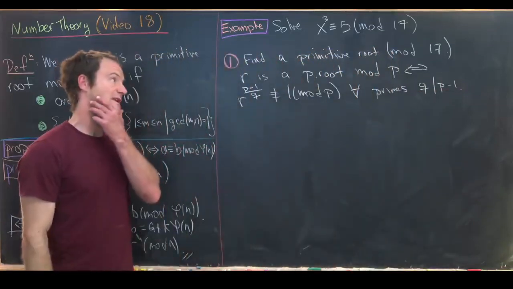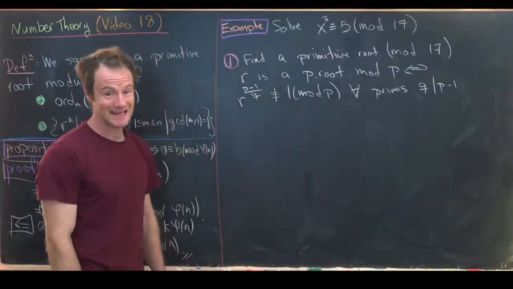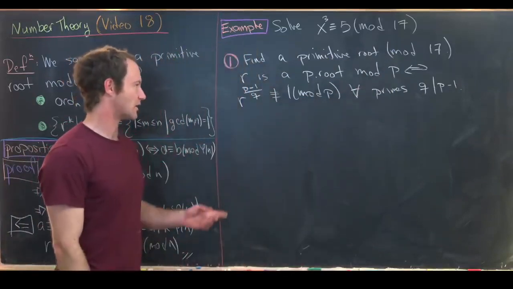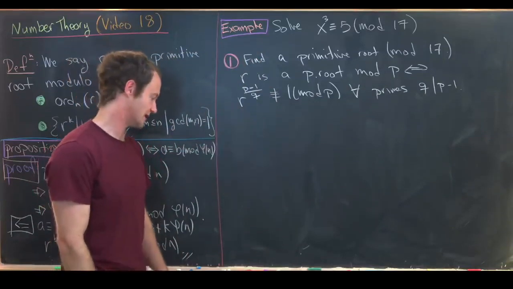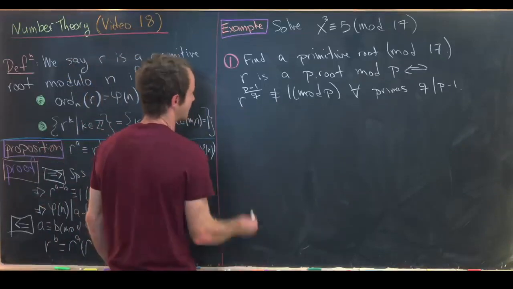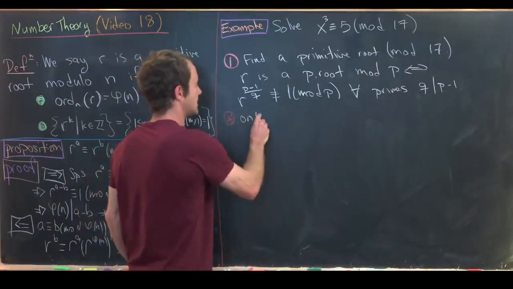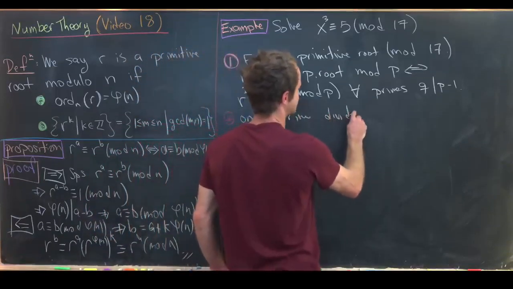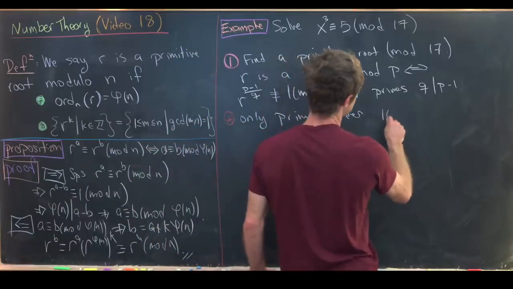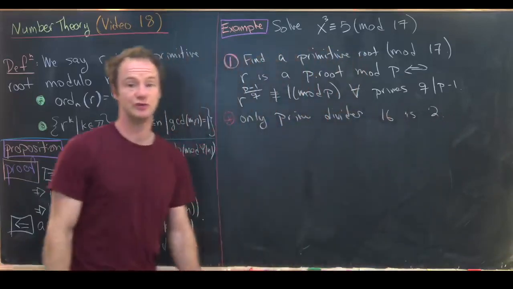So in other words, what we need to do is look at all prime divisors of 16 and then make this calculation of r to the 16 over that prime divisor. Well, we're in luck here, because the only prime that divides 16, which is equal to 17 minus 1, is 2.